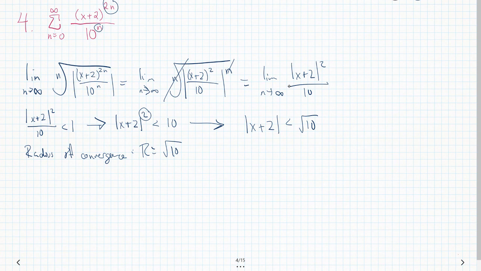But what does happen is now for the next part we get negative square root of 10 is less than x plus 2, and that's less than the square root of 10.